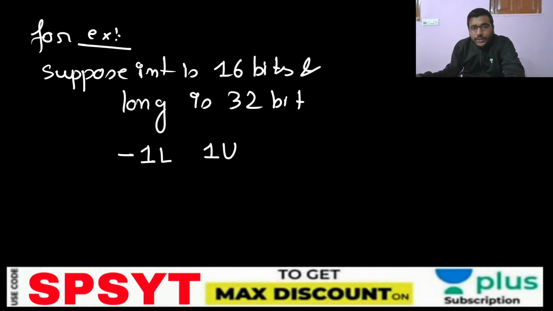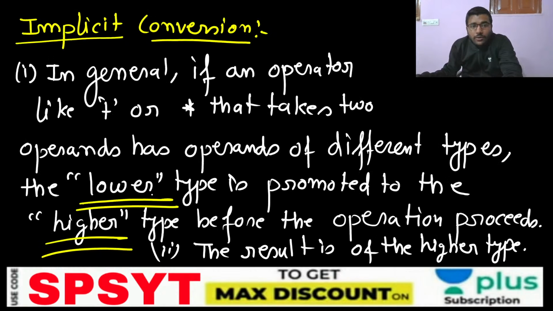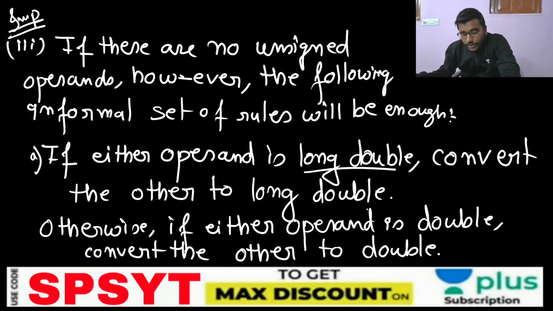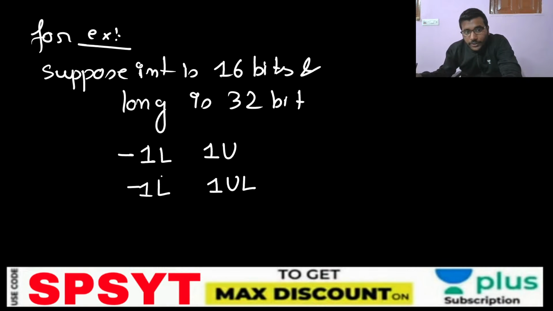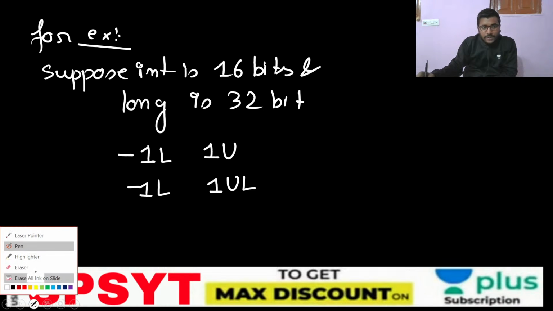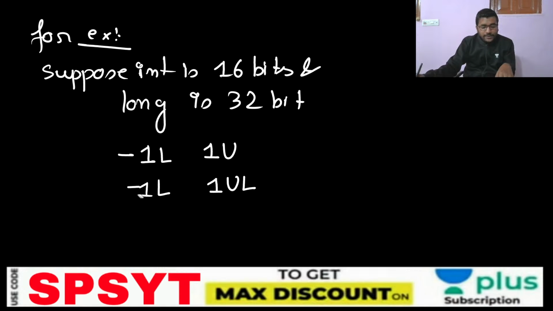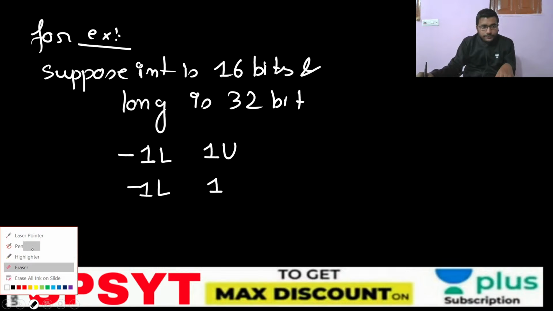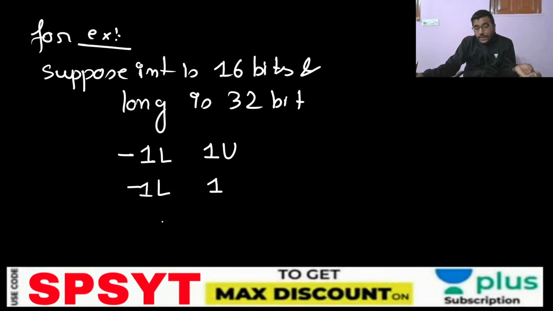Before applying any operation, the lower type is always promoted to the higher type. Here 1U, which is an int, is promoted to signed long, because long can represent all values of the 16-bit int.